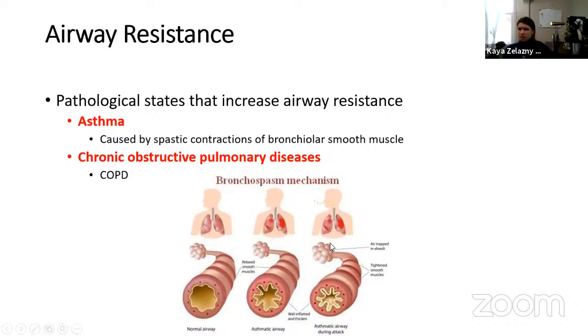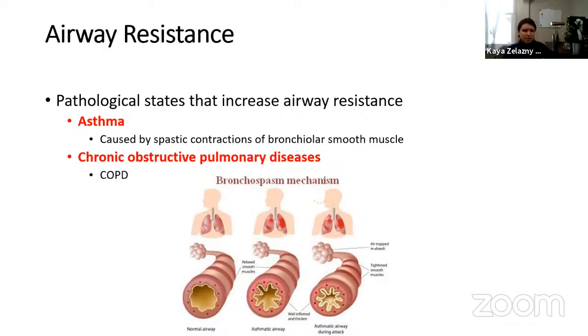Because air has to move into the lungs through the airway and then out of the lungs through that airway. So we're not just having a problem breathing in, we are in total having an airway problem moving air through that airway at all. So we can also end up with air kind of stuck in the lungs.